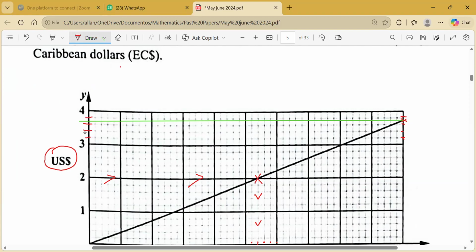This is 8, so it's between 6 and 8, which is 7. Everybody okay with that? That's 3.7.